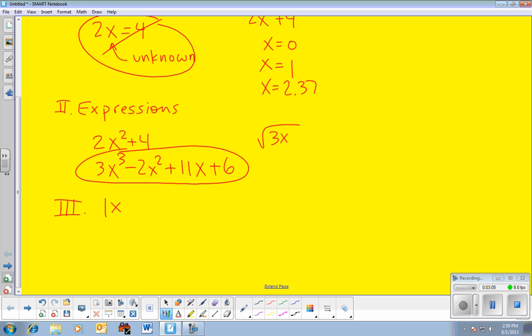Absolute value, you probably already know that this always results in a positive value. The definition of absolute value can be kind of tricky. The way it's listed, the absolute value of x is x if x is positive, or if x is greater than or equal to 0. The absolute value of x equals negative x if x is less than 0.